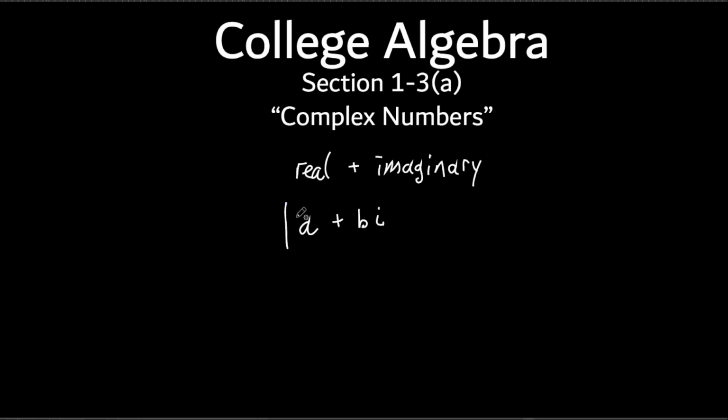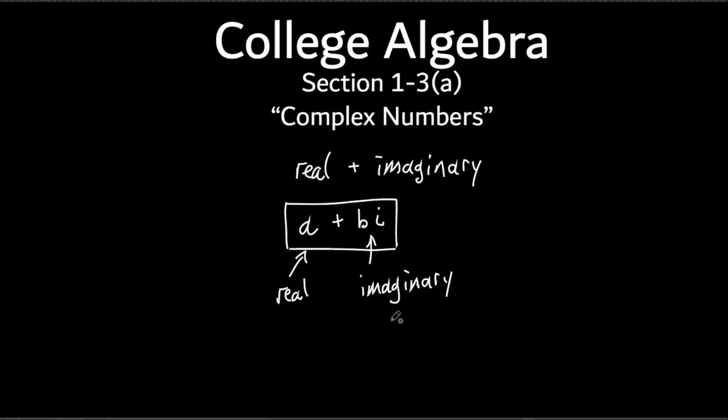So this right there is a complex number. It's got a real part, and it's got an imaginary part. So that's what a complex number is. It's just a combination between two different numbers.